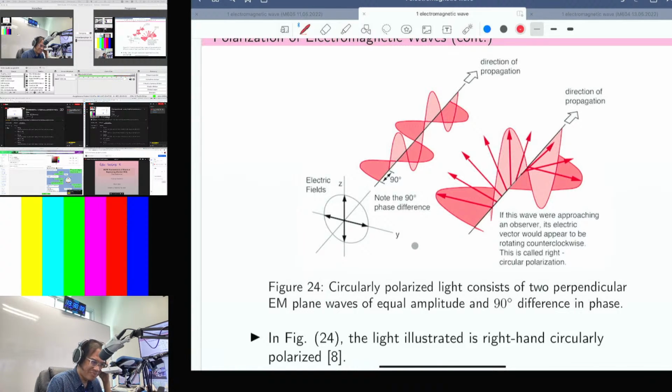It means that we have two waves actually. The first wave is the wave that has the E field in horizontal way, horizontal plane. The second wave is the wave that has the electric field in the vertical way. Okay, and once they combine to each other, you're going to see that the electric field gradually rotates once they move in this direction.